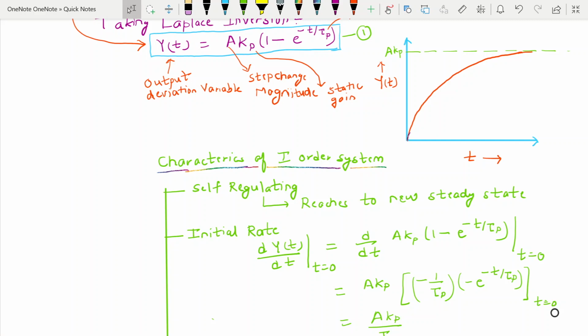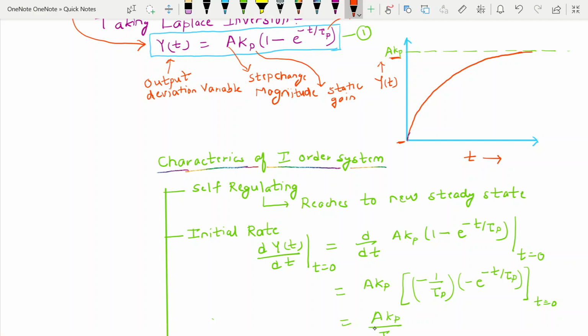Okay, and this A Kp will be my final value of response, or I can say the ultimate value of response, or I can also say the new steady state. That means the process earlier it was at this point, and after a change it becomes A Kp, the output becomes A Kp.